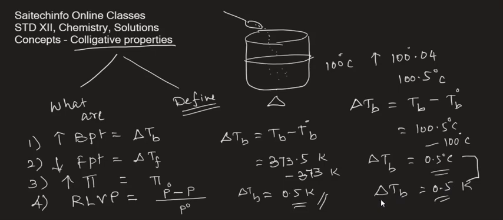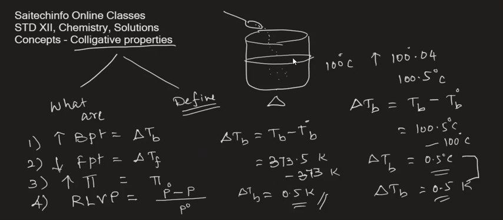Why has this happened? The presence of solute in a solution disturbs the physical properties. What are physical properties? Boiling point, melting point, viscosity. When there is a change in physical property because of the presence of the solute, the amount of solute, then there arises a colligative property.